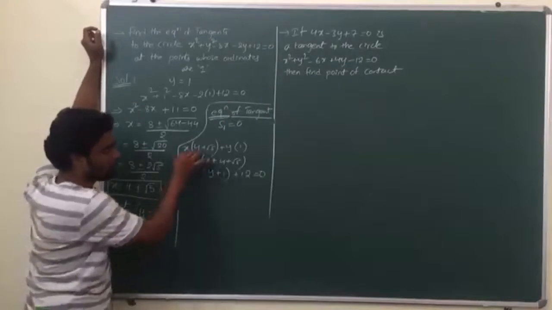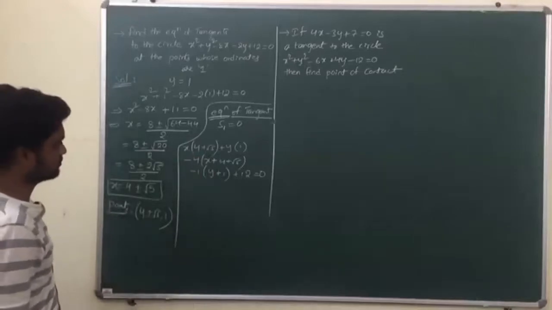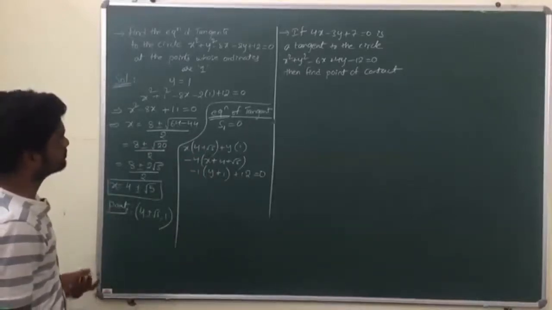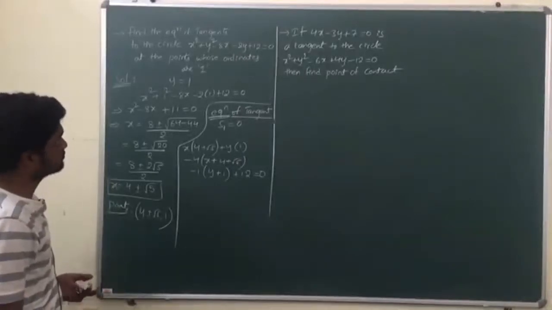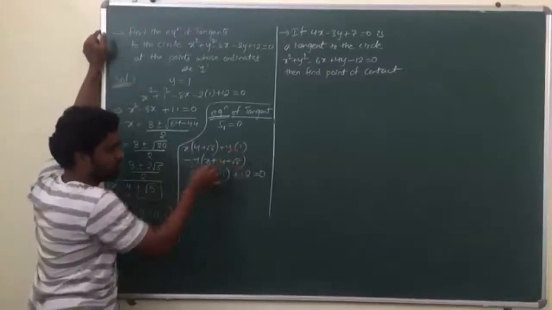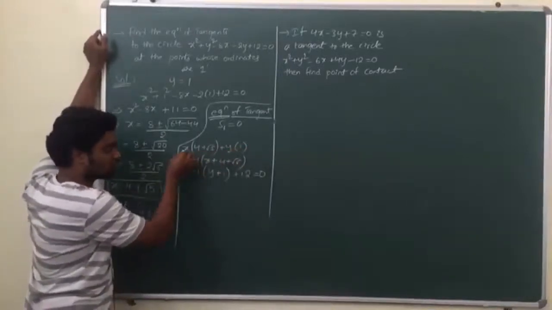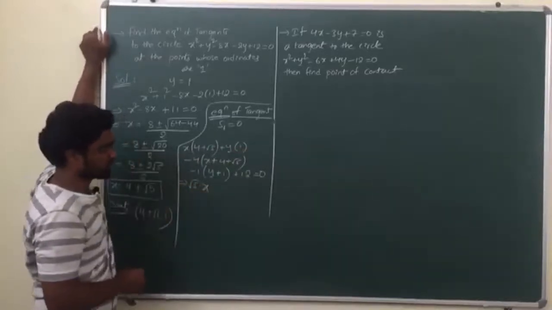So now 4x minus 4x cancel, y minus y cancel. So what is left out? Root 5 into x. What else is left out?